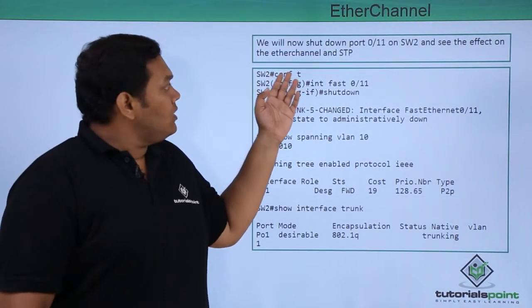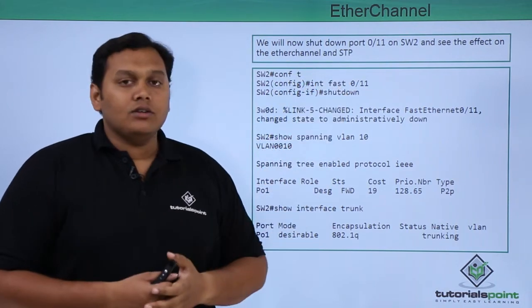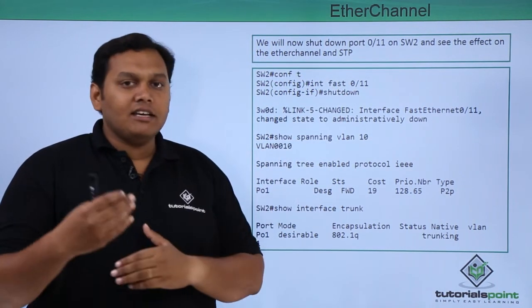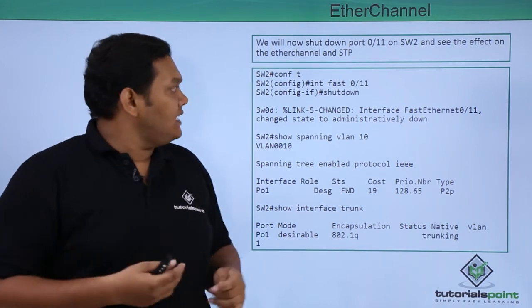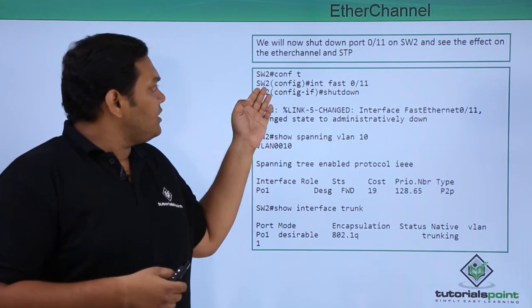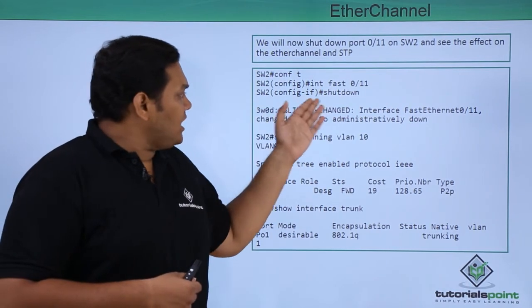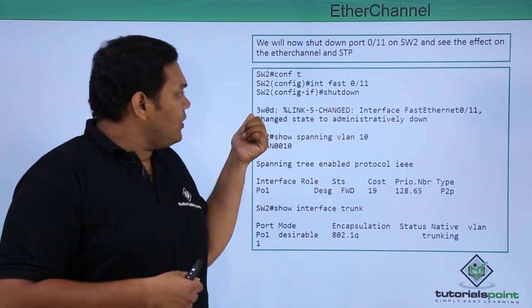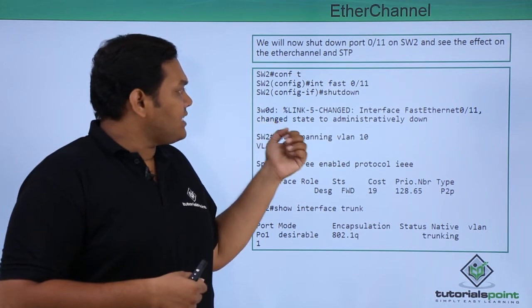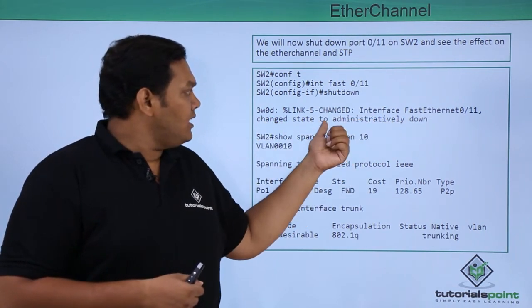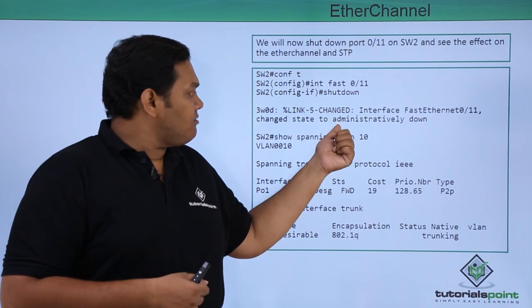We will now shut down port 0/11 on switch 2 and see the effect on the Ethernet channel and STP. Entering the interface mode, interface FastEthernet 0/11, we shut it down, and you get a message stating that interface FastEthernet 0/11 is administratively down.